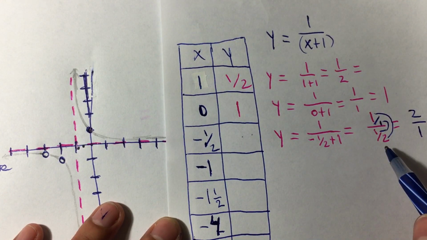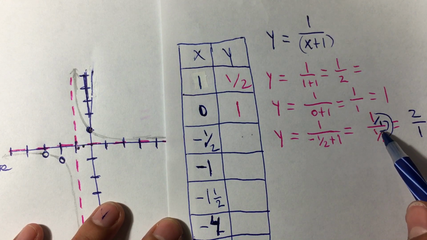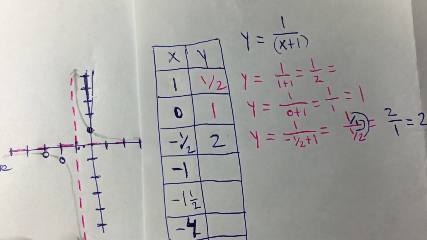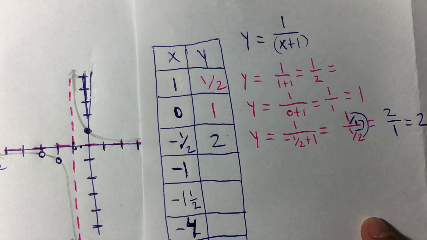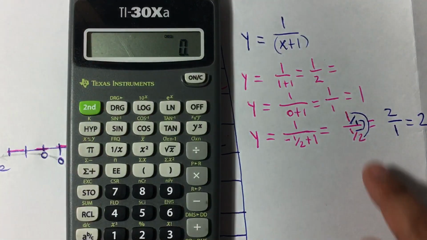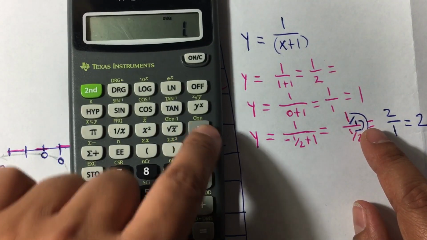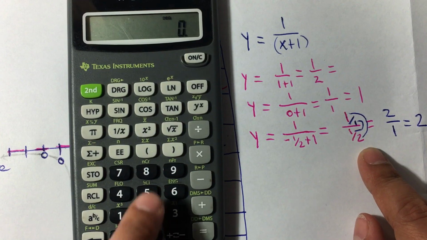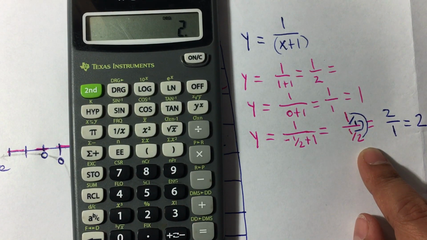Or the other way to see it is, how many halves go into 1? How many halves can I get from 1? Oh, I get 2 of them. Or the last resort is to divide 1 divided by 0.5, because 1/2 is 0.5, and that's 2.